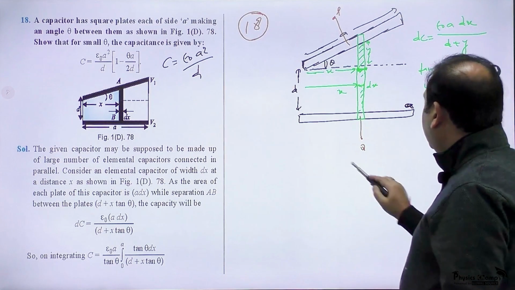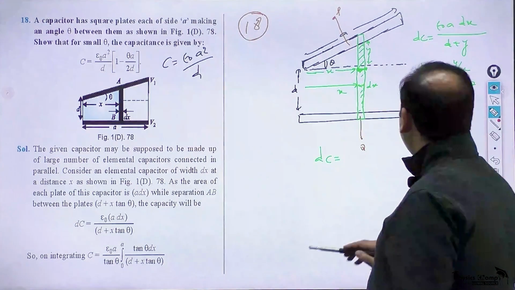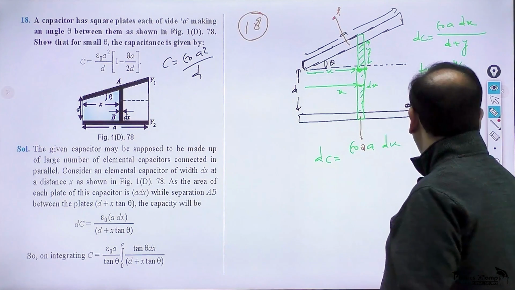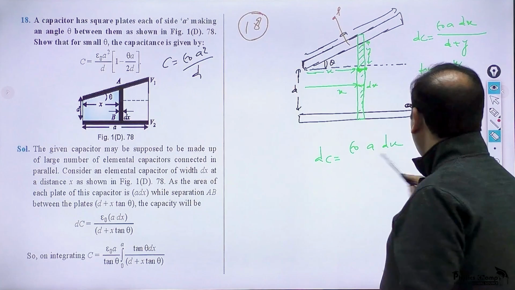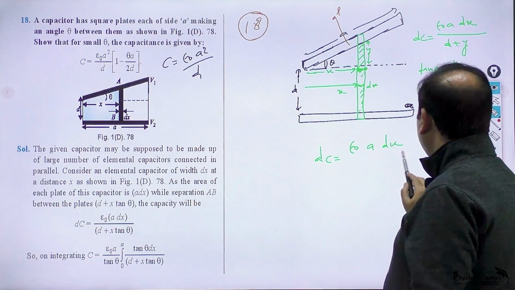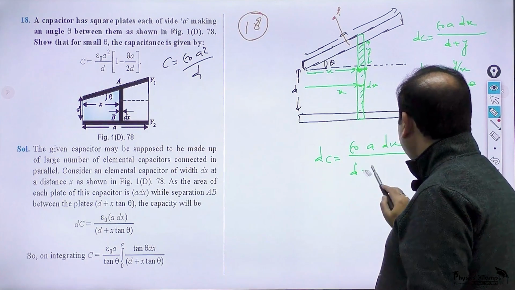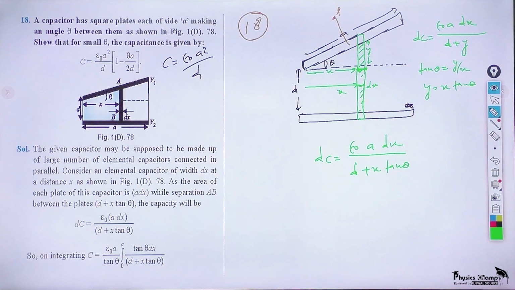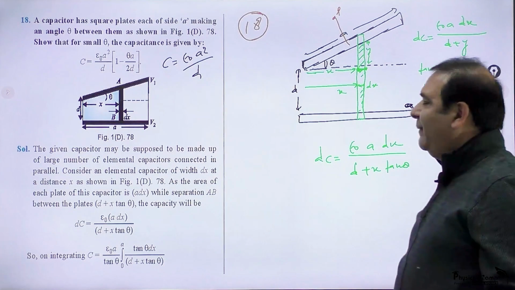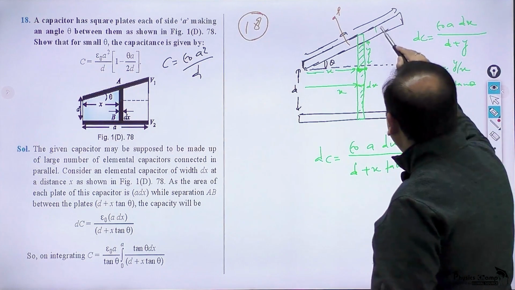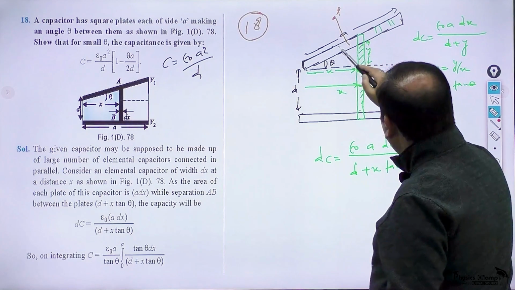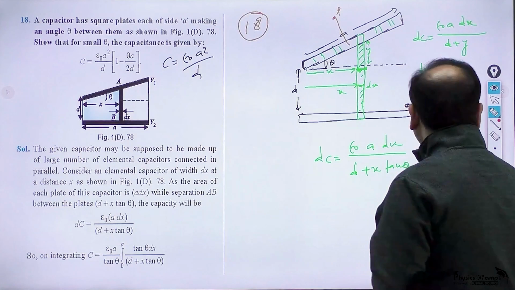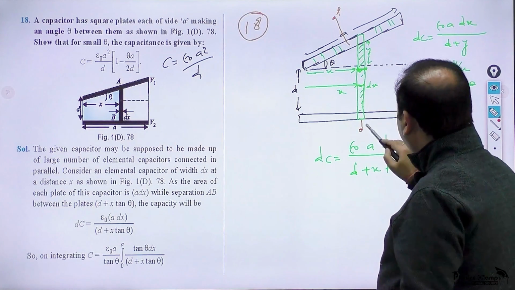So putting it here, we have the capacitance dC as epsilon naught a dx by d plus x tangent theta. And if I have such capacitors all over, are they all connected between points P and Q in parallel, or in series?